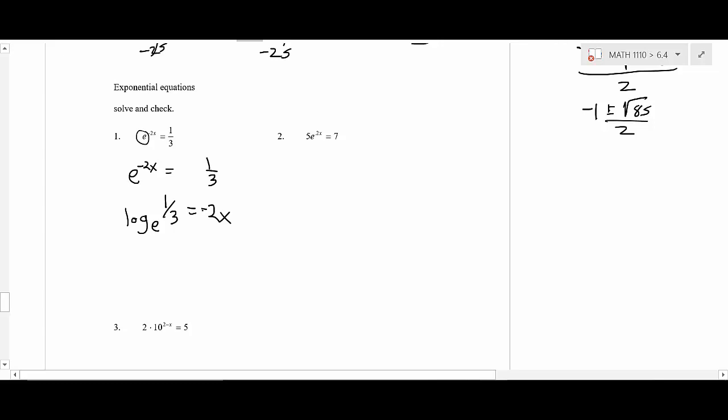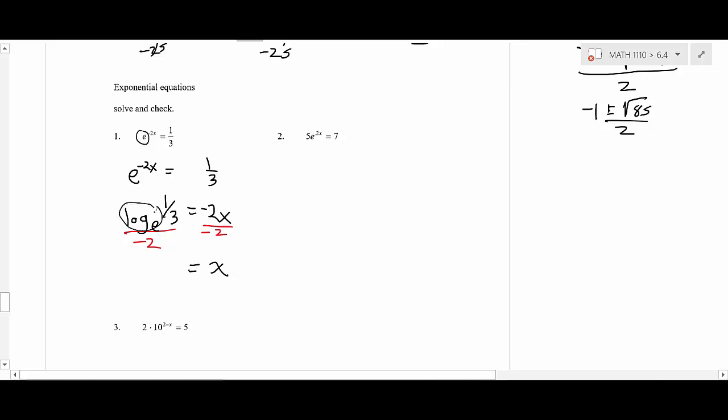All right, so I'm taking the exponential and writing it in log form. Okay, what do you do to solve this for x? Got to get x by itself, so what do we do? Divide by negative 2, right? So really all you would have to do on this to get your answer is just do this. So that would be x.